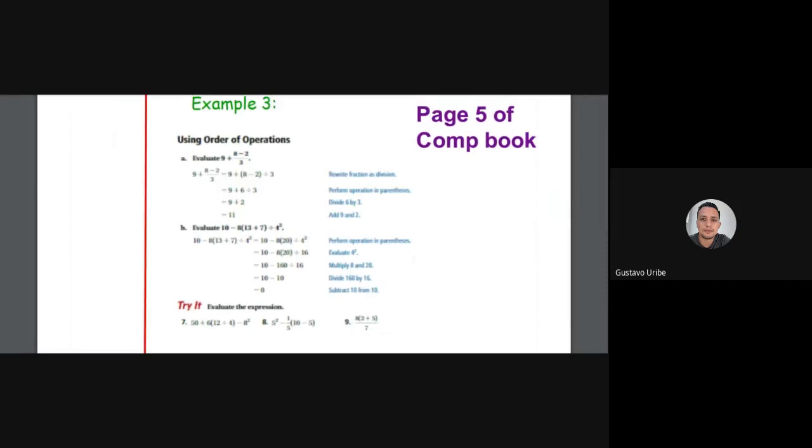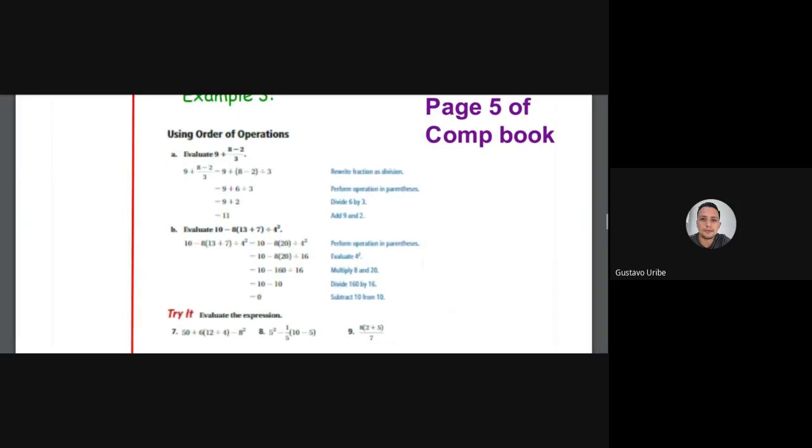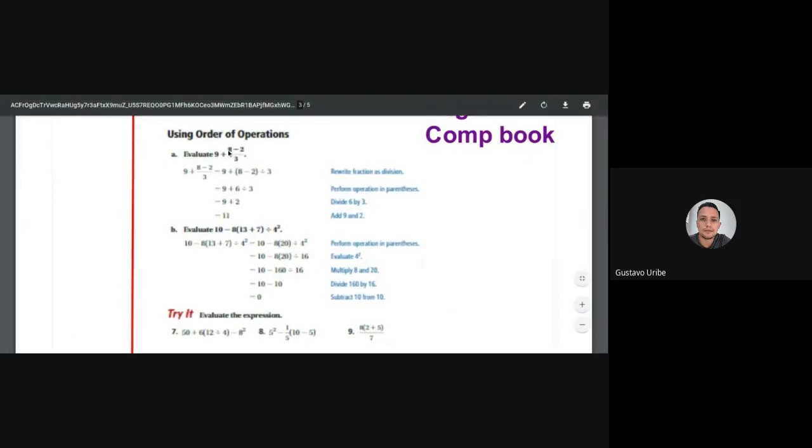Okay, here's some more examples that we can go ahead and look at. So we see in this example right here, we have a fraction, which, remember, a fraction is just a division problem. So as we see in the steps right here, if you would like to, just go ahead and rewrite this fraction here.